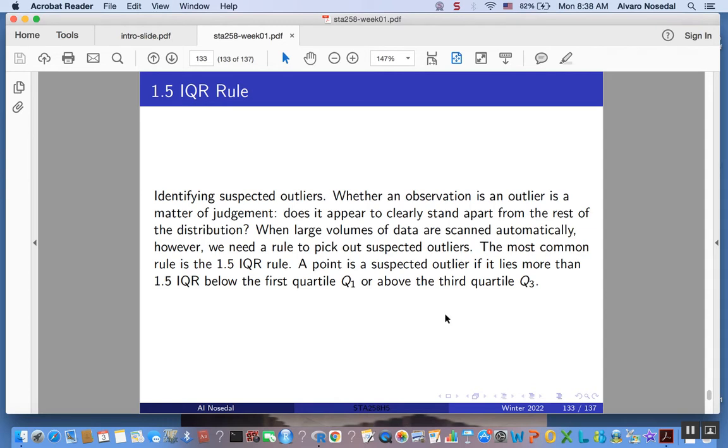On the other hand, the second part of the rule is that if you have an observation that lies to the right of Q3 plus 1.5 IQR, which is referred to as the upper fence, then that is also a suspected outlier. Let me just write that down.